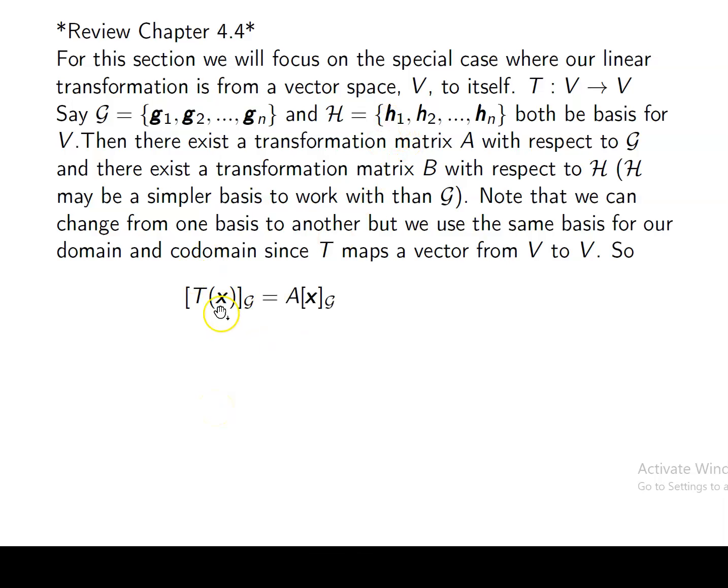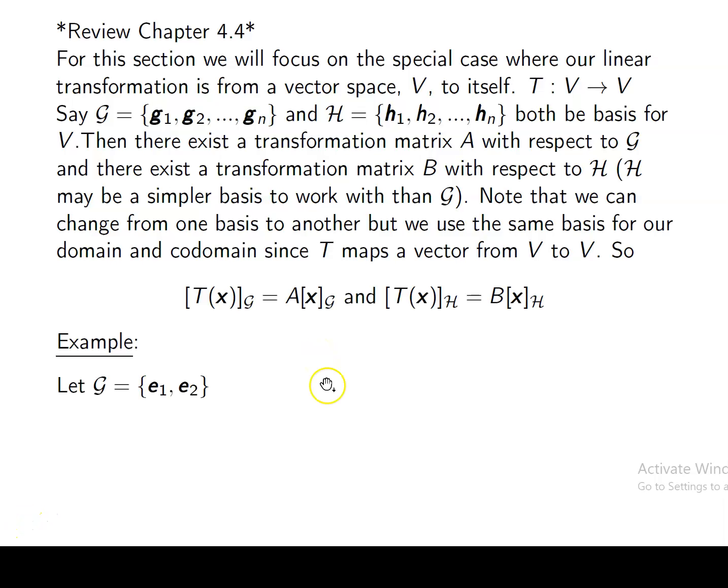So here we'll say the image of x under the basis G is the same as the transformation by A, which is the transformation with respect to G, times our vector represented in G. Or if we're talking about B, it'll be the same thing, but under the representation of H.